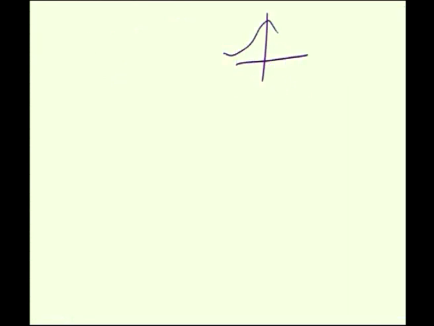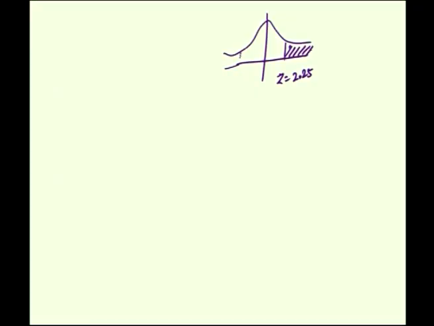Draw the diagram. We want the area for Z greater than or equal to 2.25. Why is it 2 times? Because it is a two-tail test, both sides have to be shaded. Actually Z is minus 2.25, or it is equivalently written as 2 times P of Z greater than or equal to 2.25.